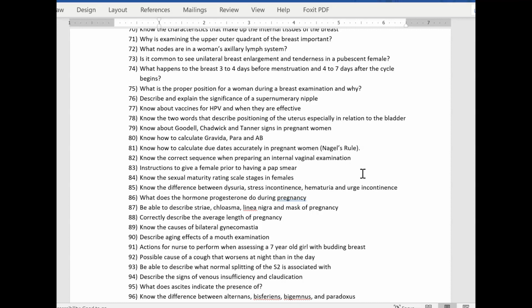Chapter 28 is not per se on the test because that's just doing your final assessment. That's just how you perform a final assessment, and you have a video in which to do that.